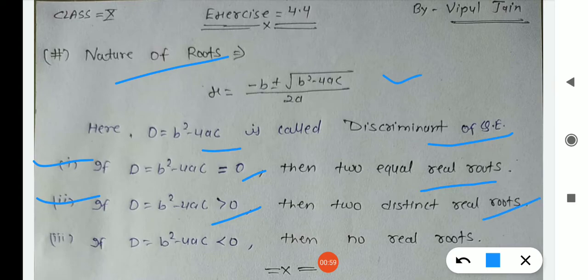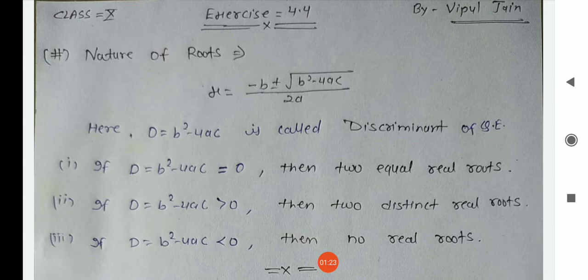And if b square minus 4ac is less than 0, then no real roots. So three cases are possible: b square minus 4ac equal to 0, roots are real and equal; greater than 0, roots are distinct but real; less than 0, no real roots. This exercise is based on the nature of roots.